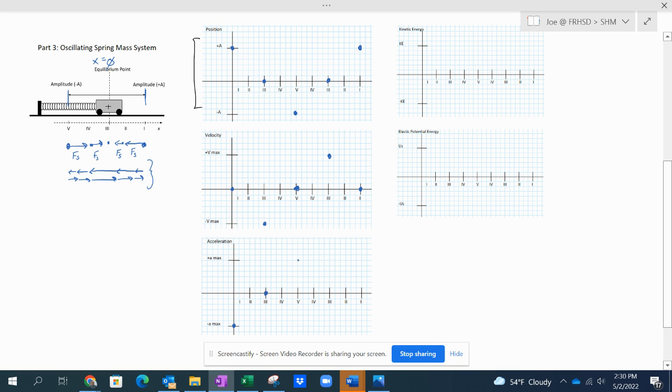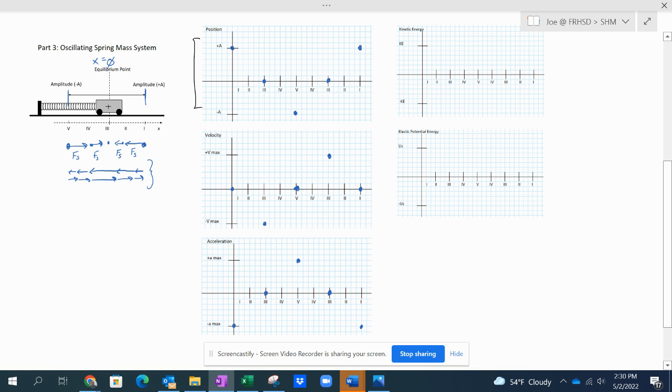And once it's compressed, it's going to push in the other way, back to the right to slow it down and stop at five. Then it is going to continue to push to the right, however, diminishing back down to no force exerted, so the acceleration is zero, and then finally again back to one.